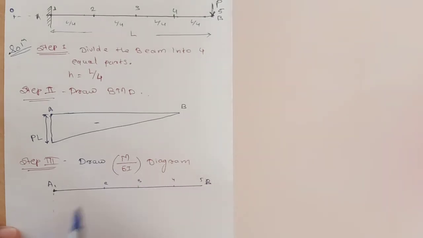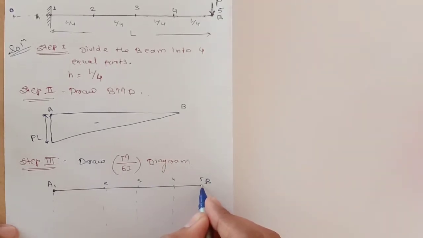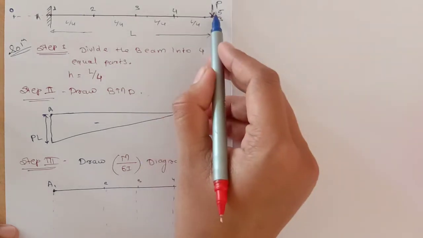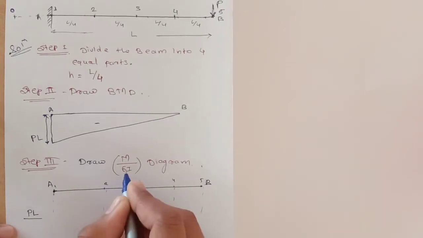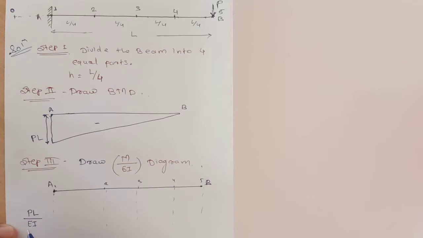Then the M upon EI diagram means M, the moment, divided by EI. EI is constant. So first take the moment at point A. Over this point B, a P kilonewton point load acts, so P into the total distance L. So at point A, the moment is PL divided by EI, which is constant.